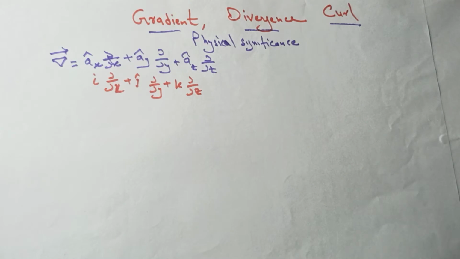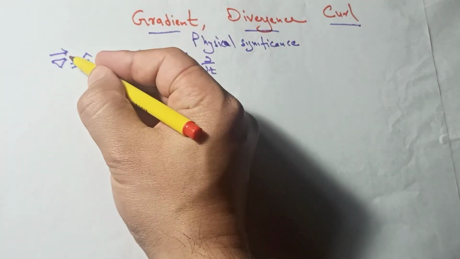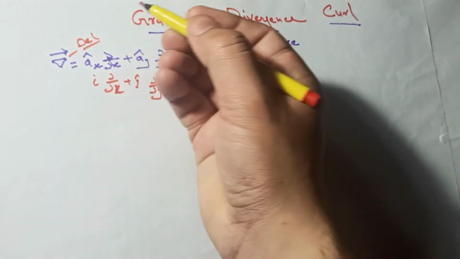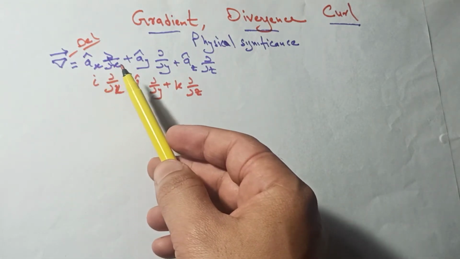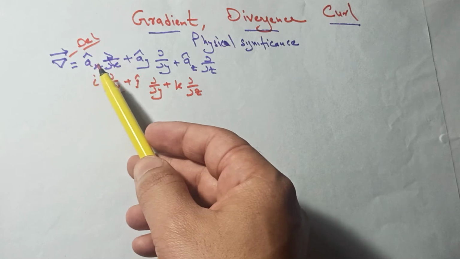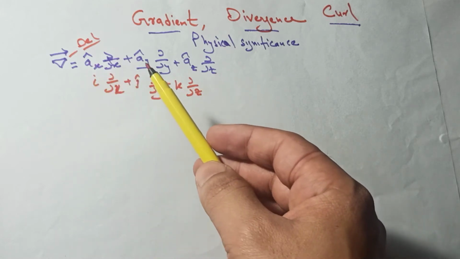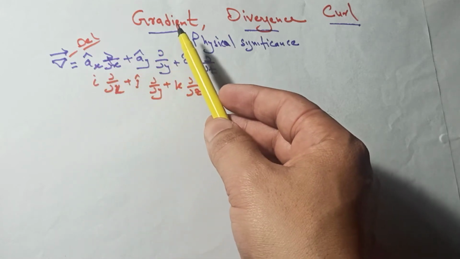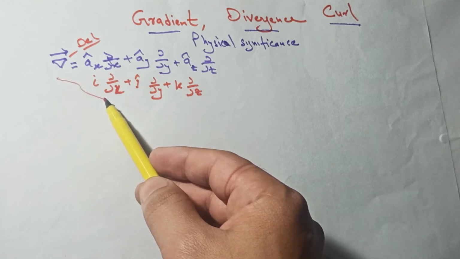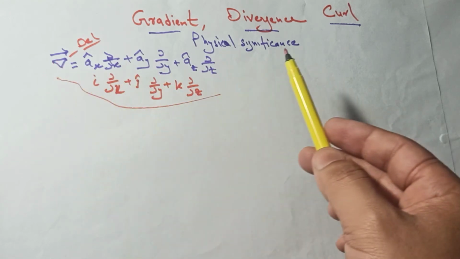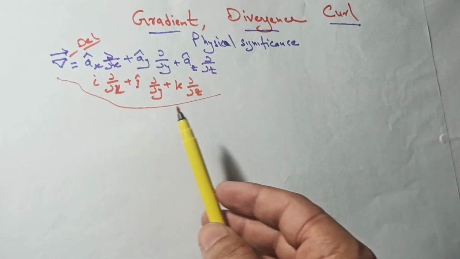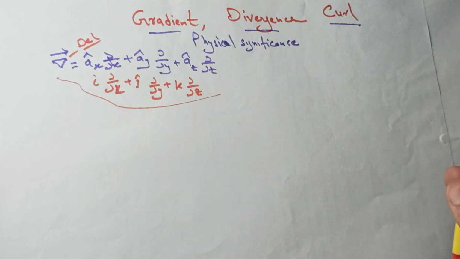Del is the operator that gives you the space variation. We have used the simple Cartesian coordinate system here, though there are different types of coordinate systems. Space variation means variation in free space.